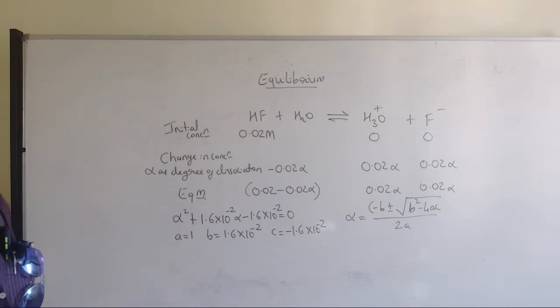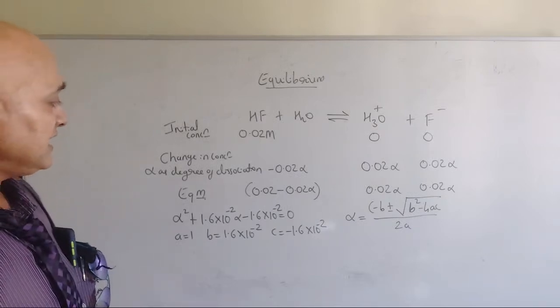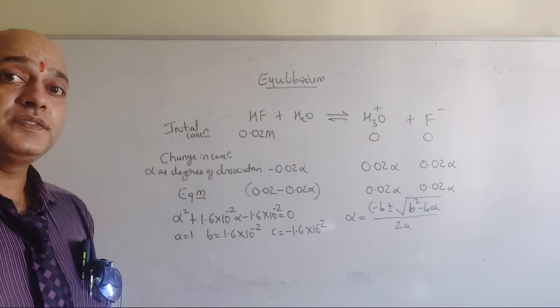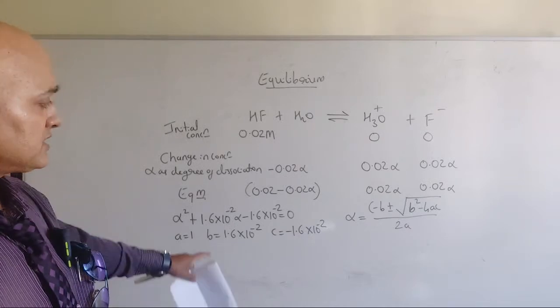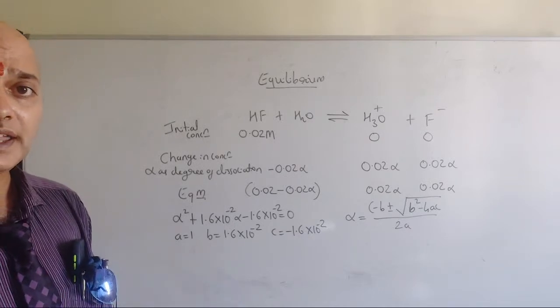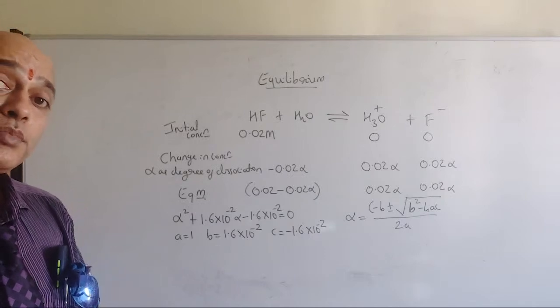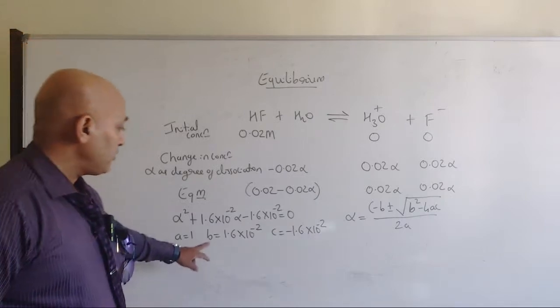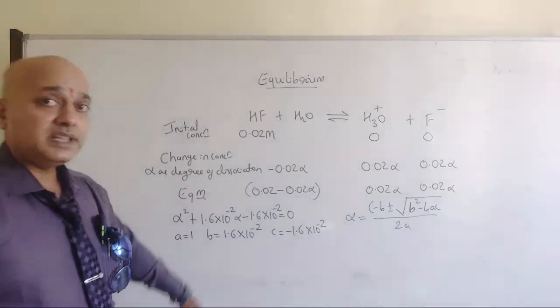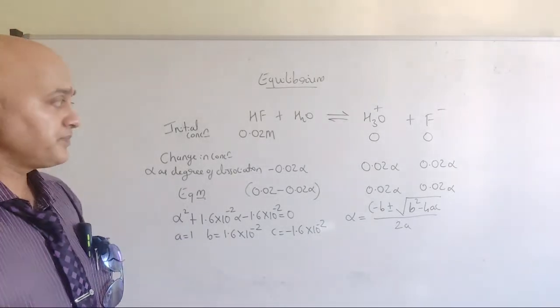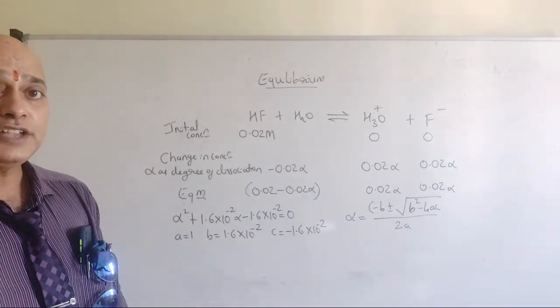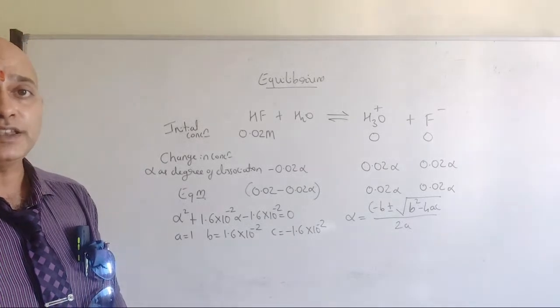Two values we should get. And please remember that, like earlier in class we have discussed about similar type of problem using quadratic equation. There we got both the values as positive because we have got the minus b value. But here b value is positive. So you should get one negative and one positive value.